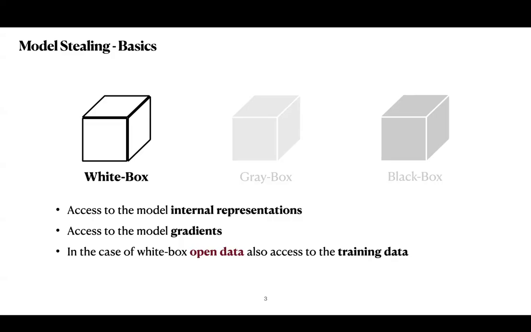So there's a distinction between open data and open weights, specifically with the newer trends going on. But it's possible that in the white box access model, we also assume that we have access to the training data of these models.